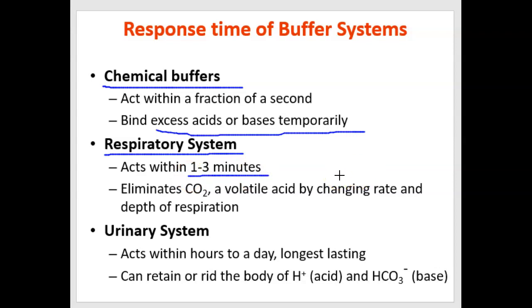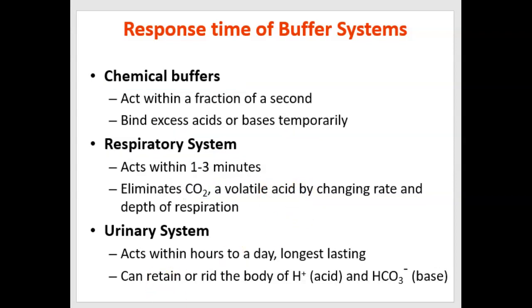And the way it happens is all by controlling the level of CO2 eliminated by the respiratory system. CO2 is a volatile acid, and if we change the rate at which we breathe, we can get rid of more or less CO2, and that would then change the amount of acid in our body. We'll talk about it in more detail in a minute.